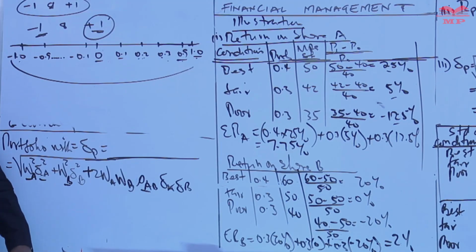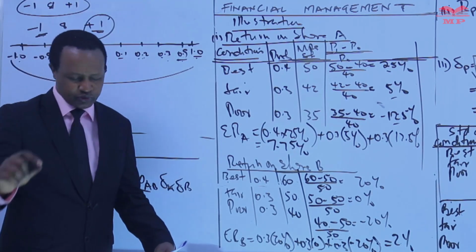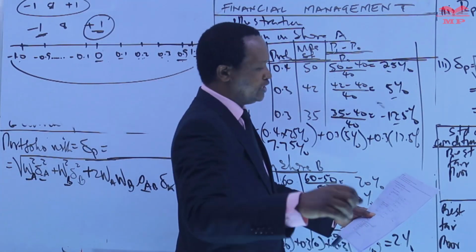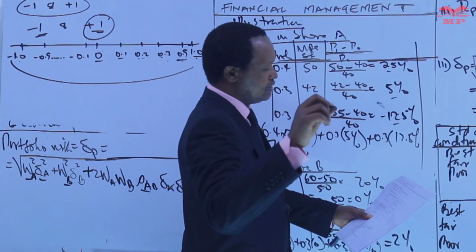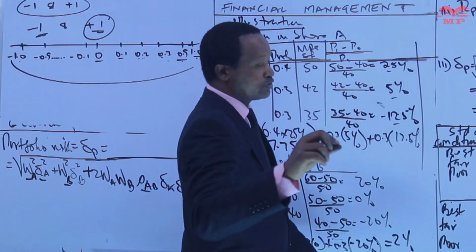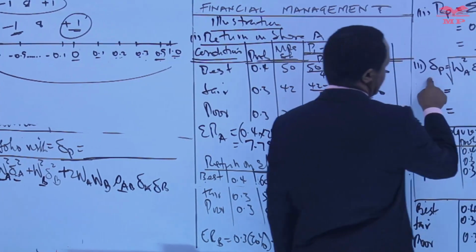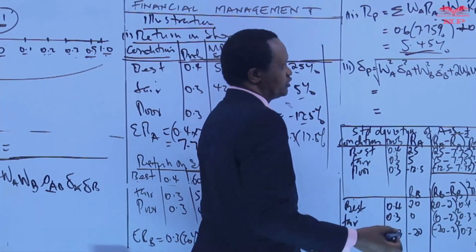So we read from the question, assuming that the returns of share A and share B are perfectly positively correlated, compute the portfolio risk. We need the correlation coefficient in this calculation to get the standard deviation. It has already been calculated.